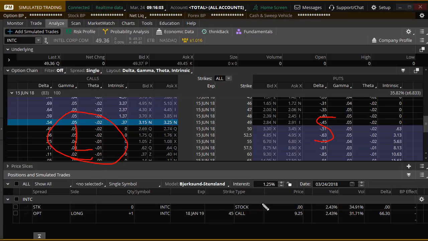Now, there's a downside on every long trade. There's a downside to every short trade, based on how much we spent. But essentially, we've broken the stock trade in half. And that's why we've got basically 50 deltas here and 50 deltas here on the same strike.